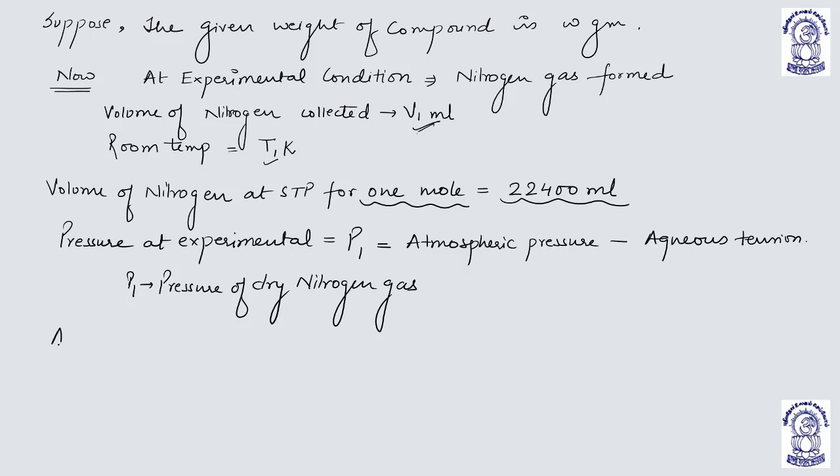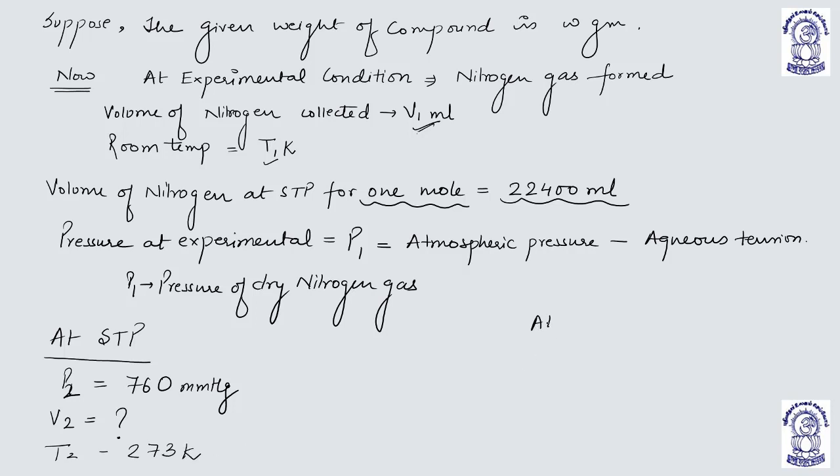Now, at the condition of standard temperature and pressure, the pressure P2 is 760 mm of mercury. The volume V2, you don't know the number of moles, so you have to calculate. And temperature T2 is 273 Kelvin.